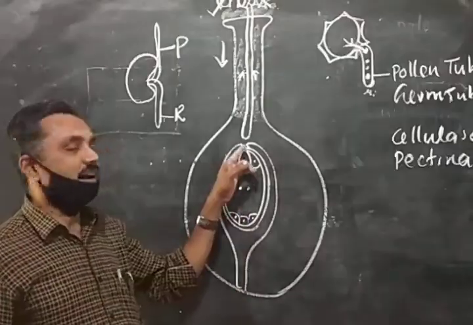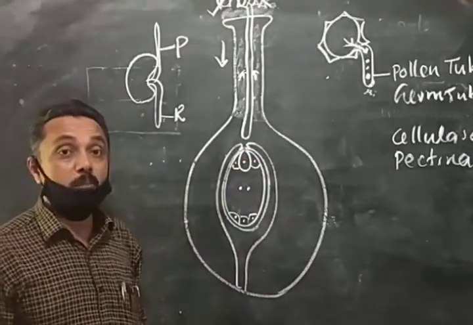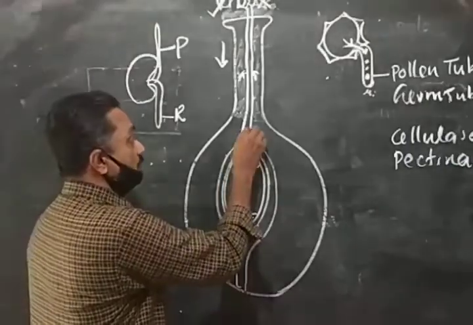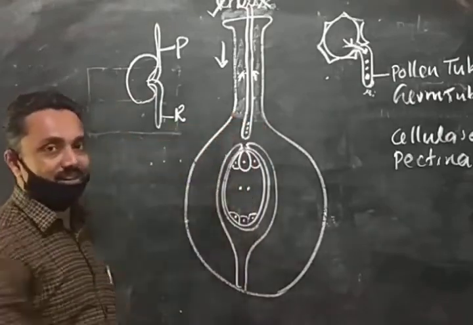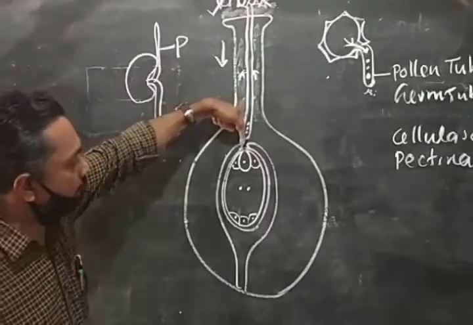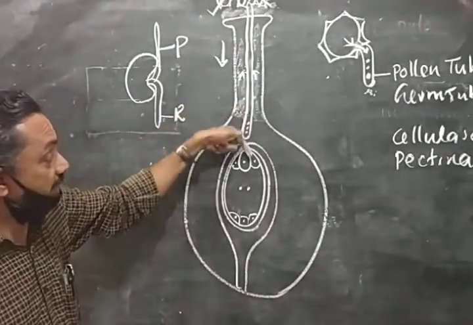So the germ tube or pollen tube reaches the micropylar region, near the micropyle, with the vegetative nucleus in front and 2 male nuclei behind that, and slowly it enters the micropyle of the ovule through a synergid.